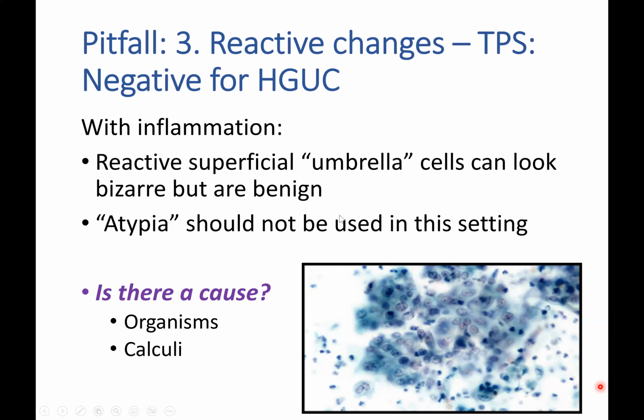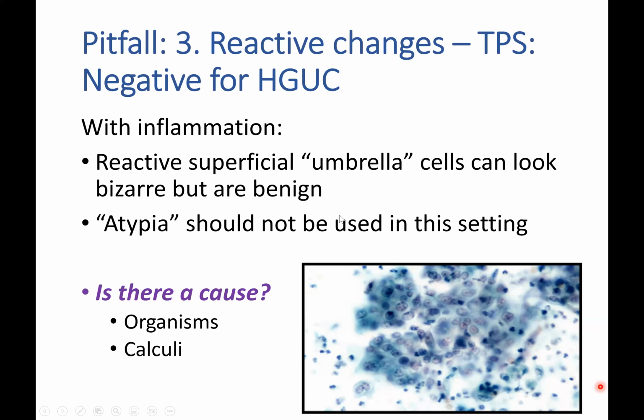The other situation where you can fall into pitfalls of reporting is when there are quite florid reactive changes. The Paris System makes it quite clear that reactive changes should be called negative for high-grade urothelial carcinoma and not atypical.